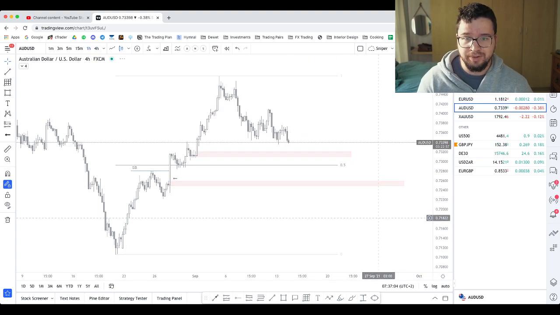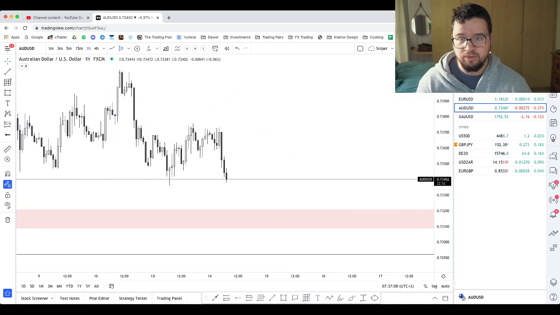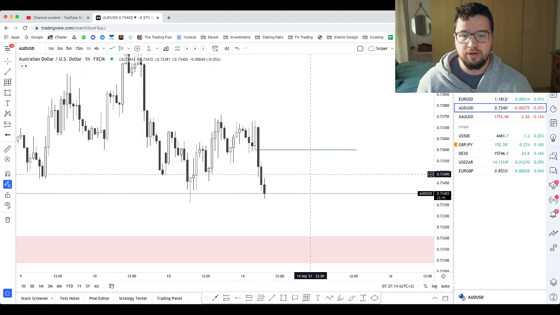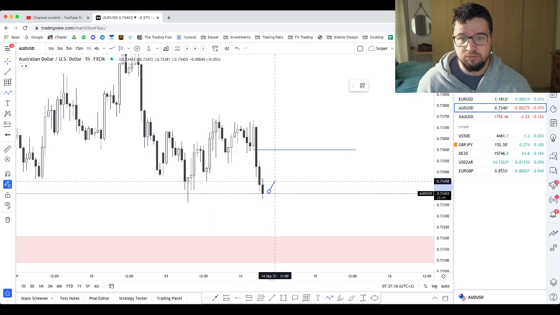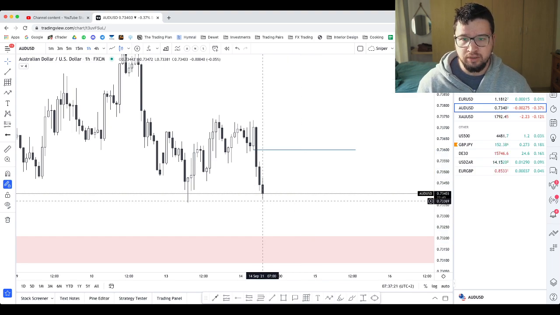If you just look at the 1 hour moving down, where's our 1 hour area? So we have a 1 hour order block. I'm just going to put a line there. The 1 hour order block in there, so potentially pull back moving down. So we want to enter on a lower high, not enter down low.